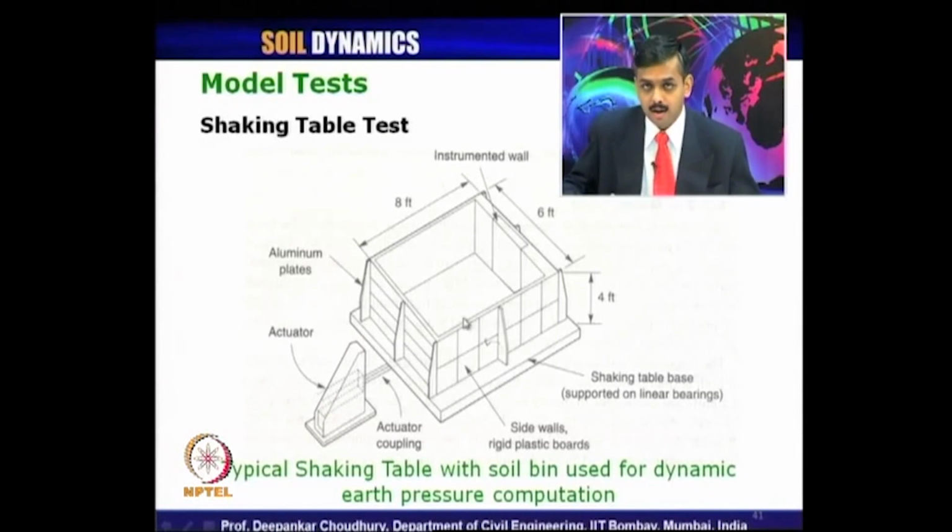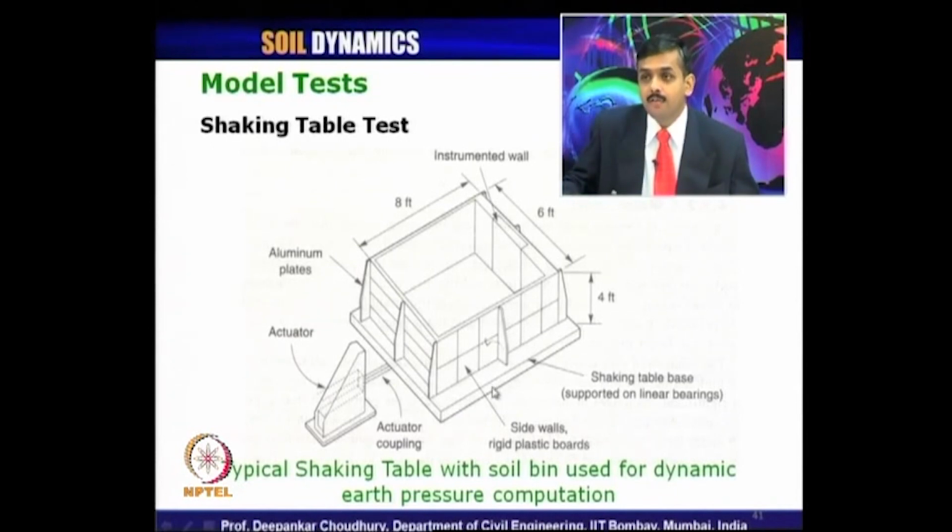Of course, shaking table tests can be of different directionality, that is, one-directional. Suppose you have the actuator only in this direction, then you are creating the shaking or vibration in this one direction only. If you have an actuator in this direction as well, you have a bi-directional shaking table test. If you have another one to give the vertical one, then you have a 3-directional shaking table test.